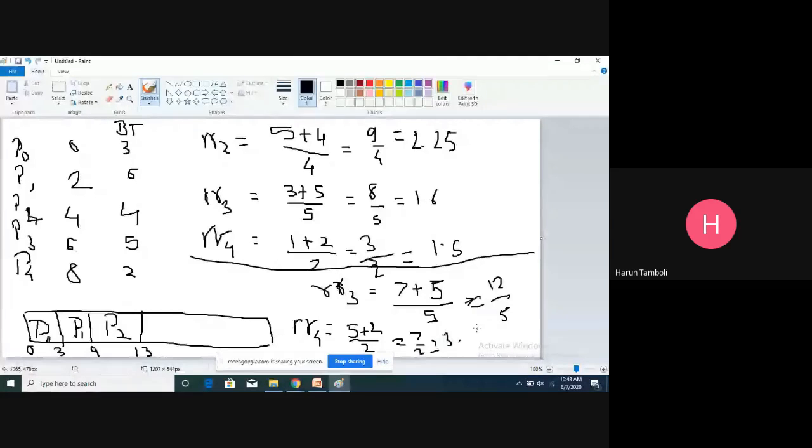So the response ratio of P4 is higher, so P4 will get scheduled. P4 is scheduled and completes at 15, and after that the remaining process, that is P3, will get scheduled and executed at time 20.